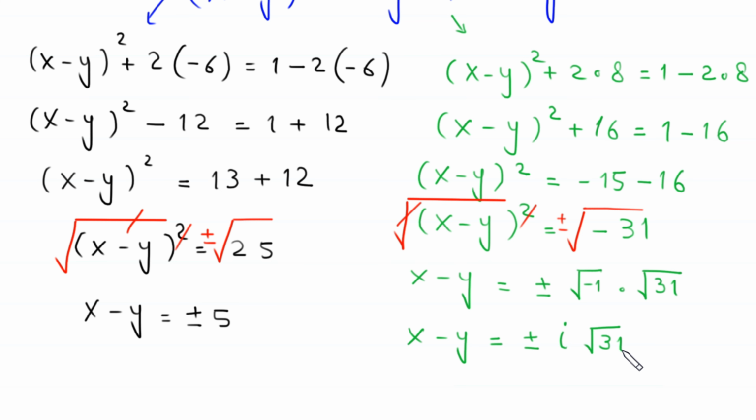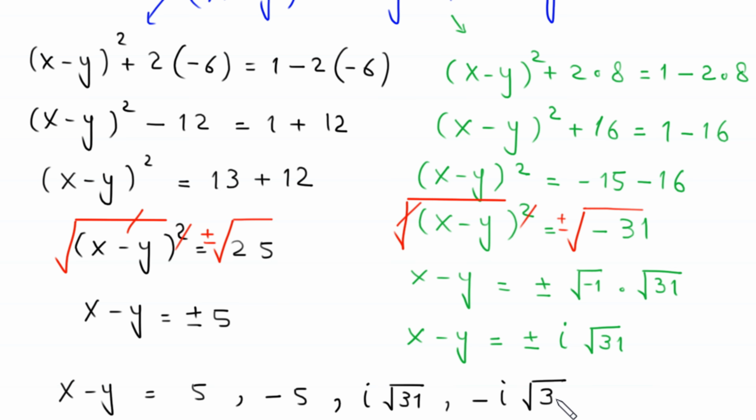It means that we get 4 values of x minus y. x minus y is equal to 5, negative 5, i times root 31, and negative i times root 31. So we have 4 solutions for this equation.